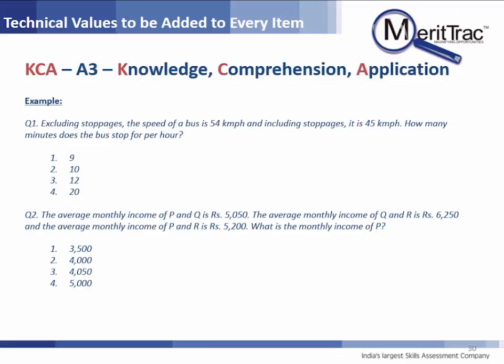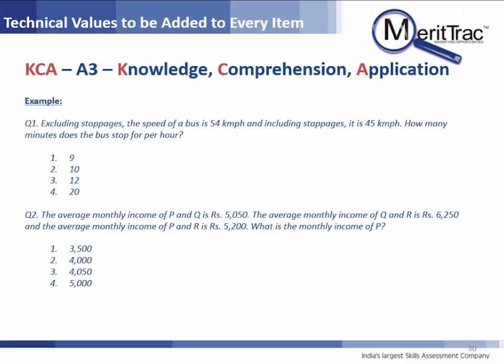Then comes cluster A3, in which there would be knowledge, comprehension, and application. Now, all of us have some knowledge of different theories, and we also have our understanding, our comprehension, of where they can be applied.